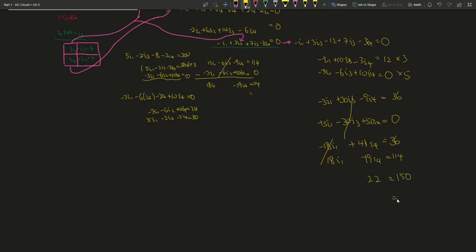So that gives us 22. Wait, let's plug into my calculator. What's 150 divided by 22? Okay. But I think there's a mistake somewhere.